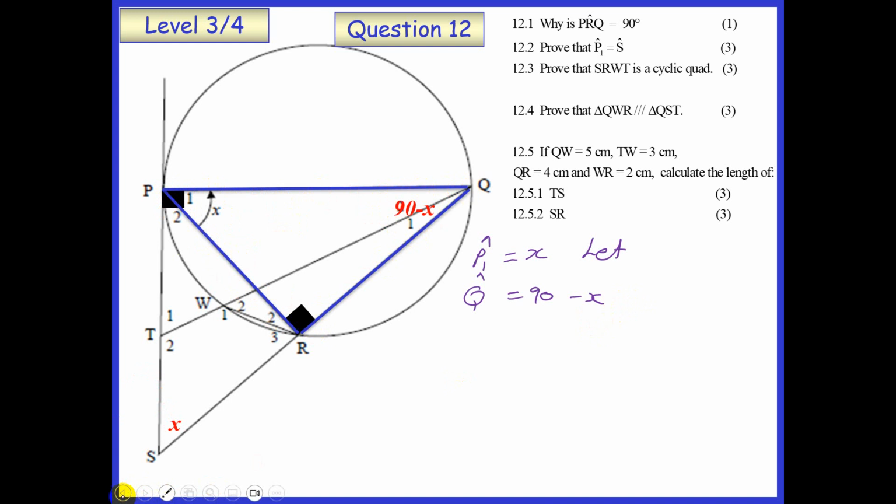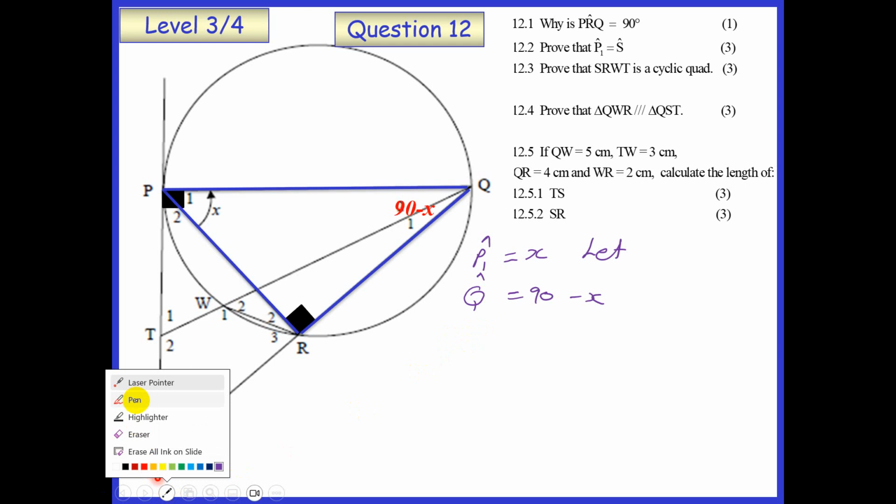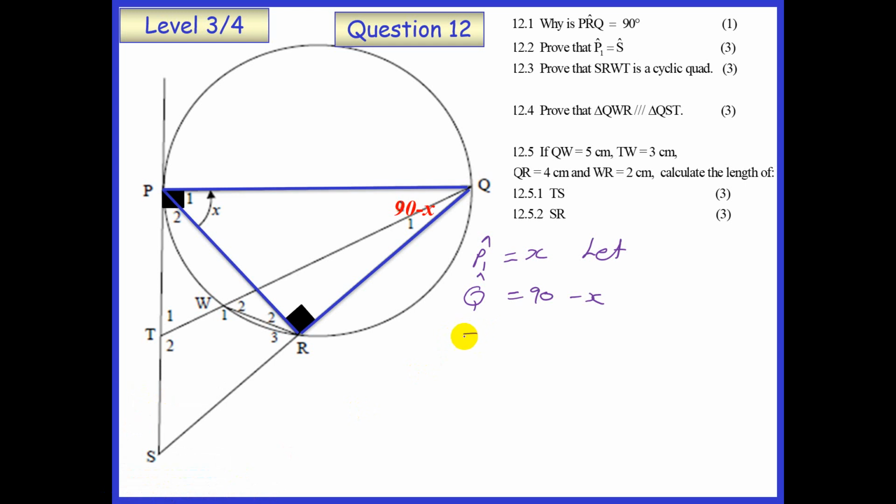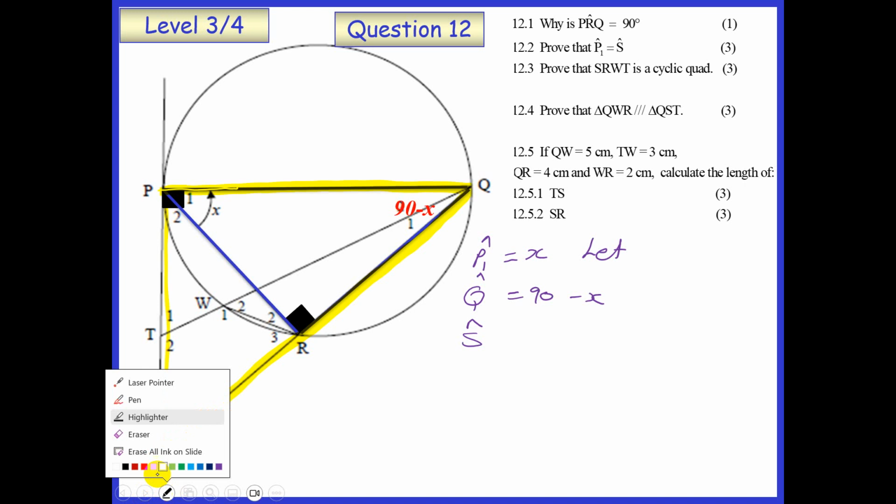Now, from there, we can also look at the big triangle, and that's quite interesting to look at. Let me write that down first. If we look at the big triangle, and we want to find angle S, and what big triangle am I talking about? Let me highlight that for you. We look at that big triangle and use sum of angles of a triangle.